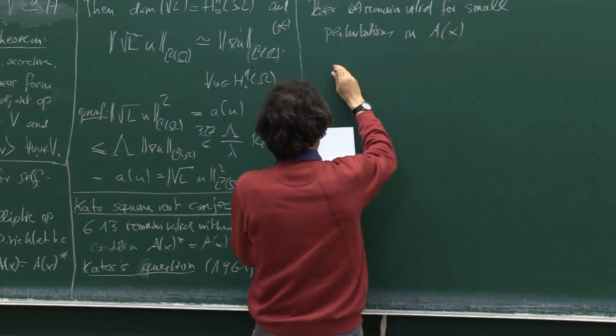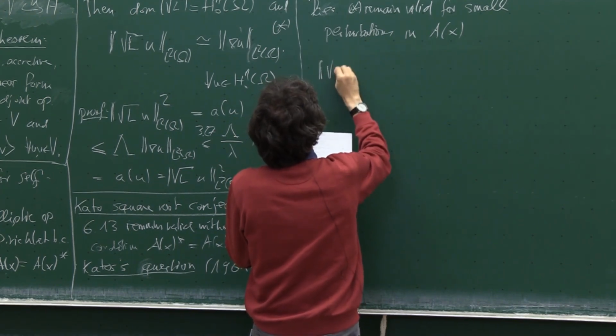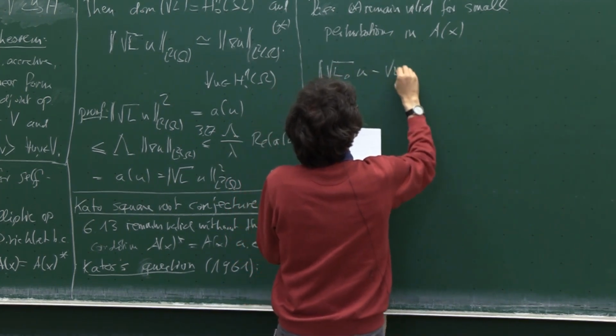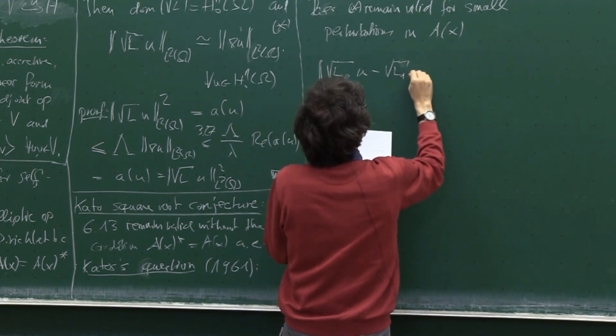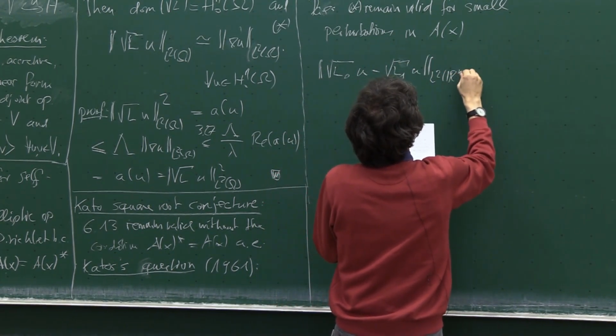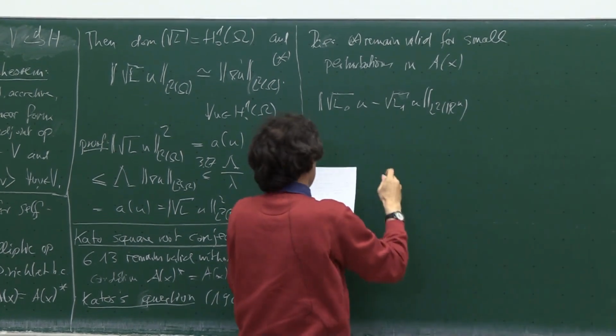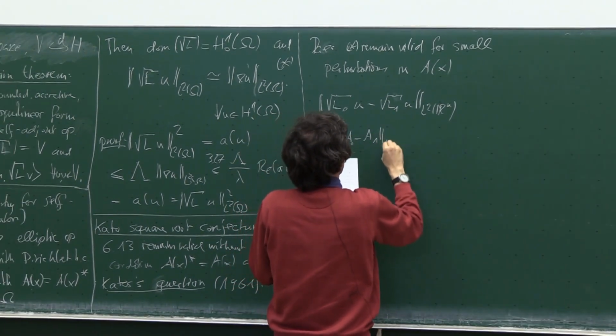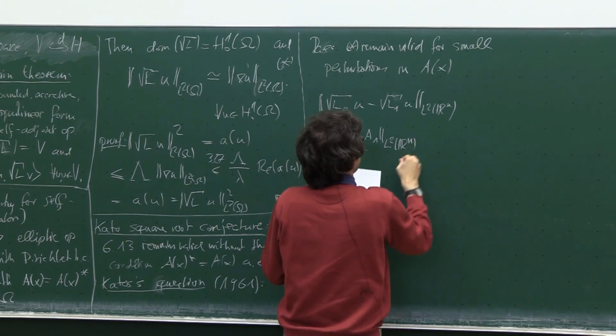What he wanted is that if you have L0, the unperturbed operator, and L1, the perturbed operator, he can estimate this difference by the difference of the coefficient matrices.